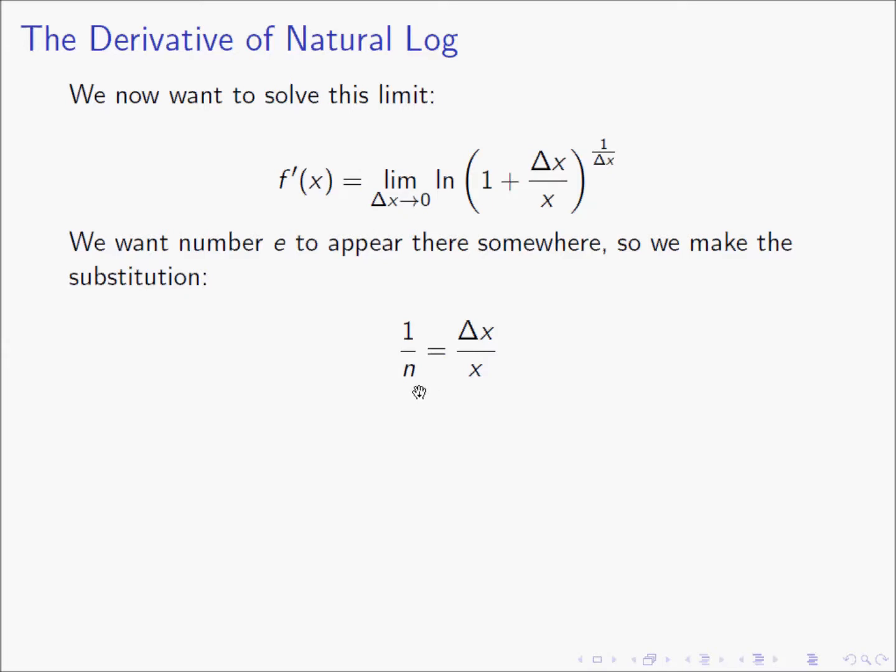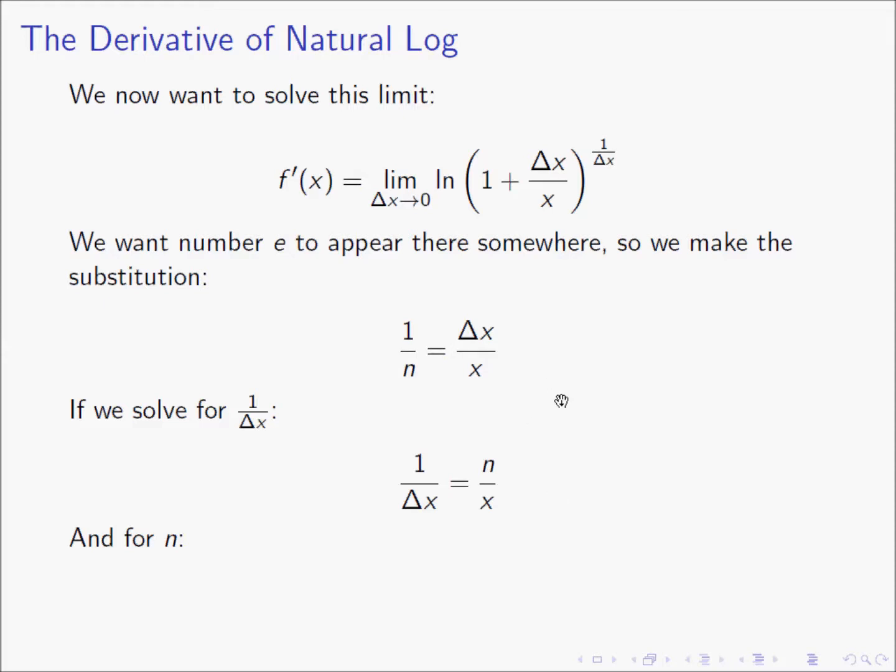We're going to introduce the variable n such that 1 over n is delta x over x. And here we have also 1 over delta x, so we need to solve for 1 over delta x. If we solve for it using this equation, we have that 1 over delta x is n over x.